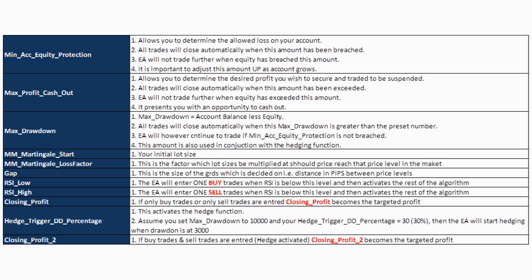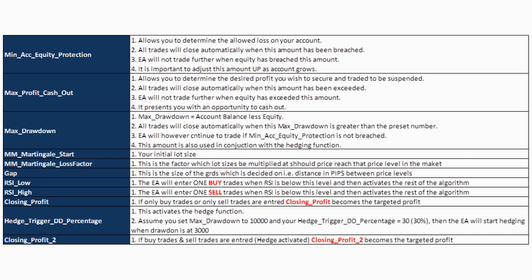So let's go back to this maximum drawdown. I just want to emphasize that it is the account balance less the equity. If that situation occurs while trading, all trades will be closed automatically when the maximum drawdown is greater than this preset amount. The robot will continue to trade if the minimum account equity protection is not breached.